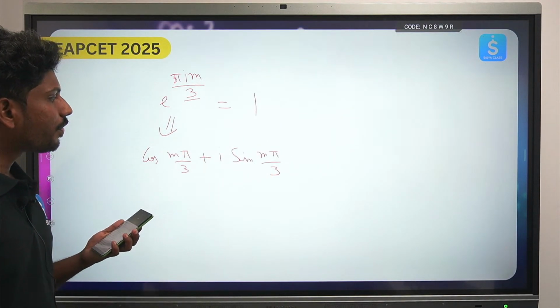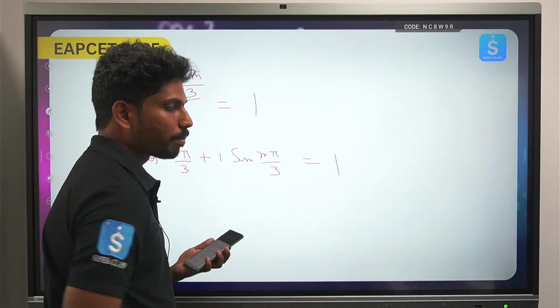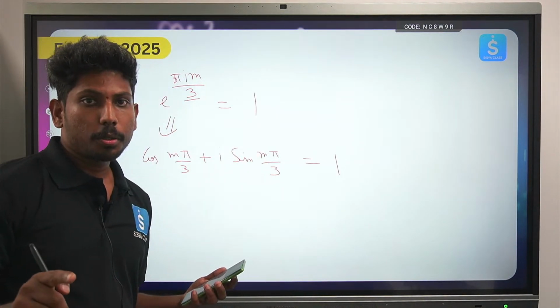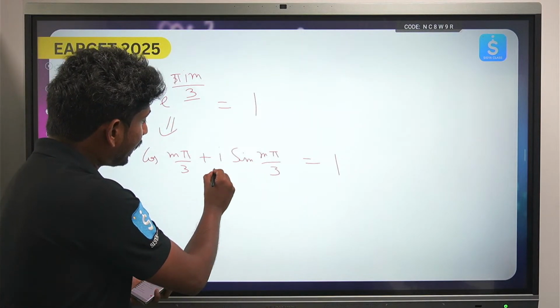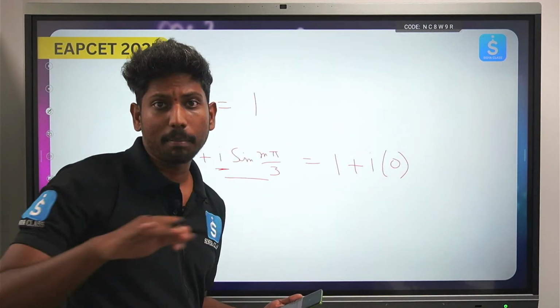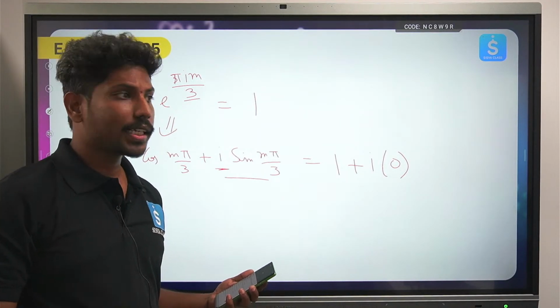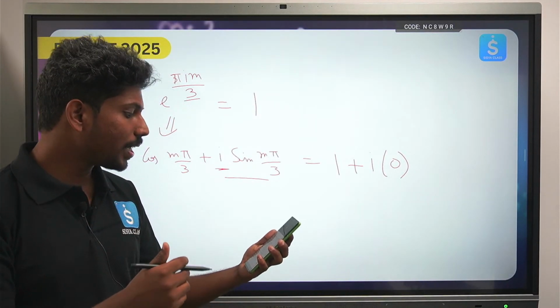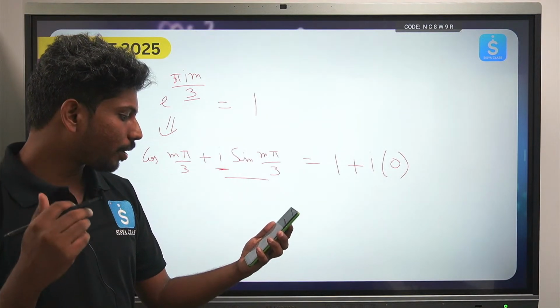Now for which value should this be equal to 1? As I said earlier, the imaginary part is 0 here, I times 0, the imaginary part is completely 0. Now if the imaginary part is 0, then the sine argument should be a multiple of pi. As I said earlier, the sine should be at a multiple of pi.